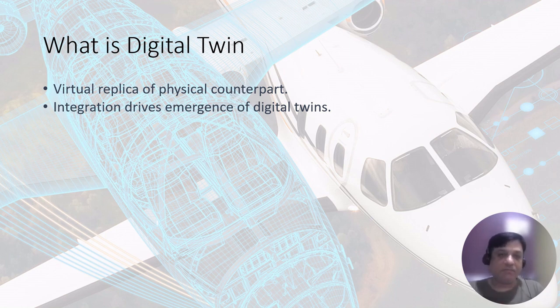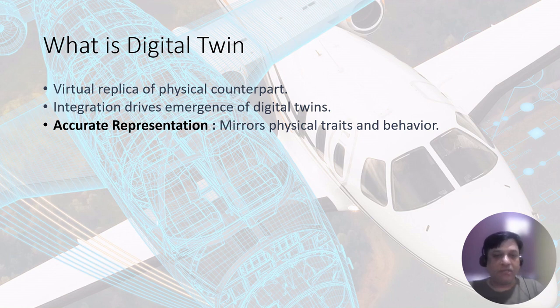This concept emerged as a result of the increasing integration of digital technologies such as the Internet of Things, which is called IoT, advances in data analytics, and simulation software with physical objects and systems.